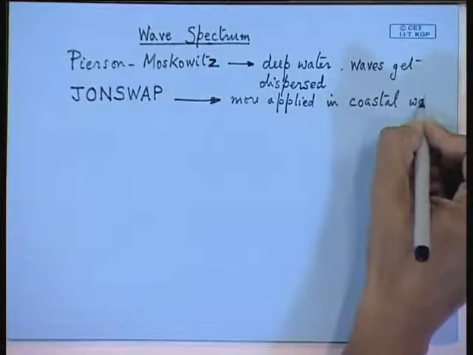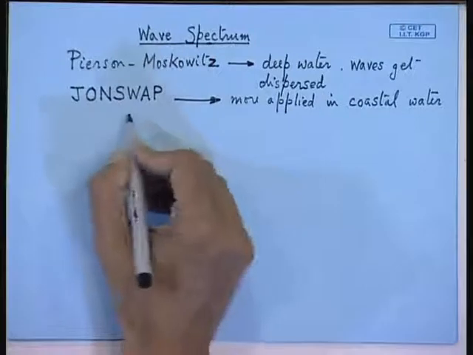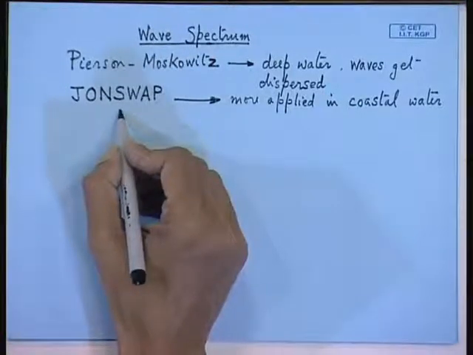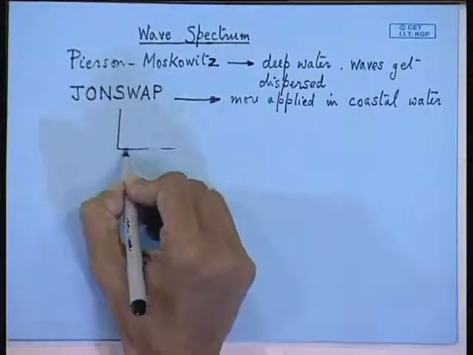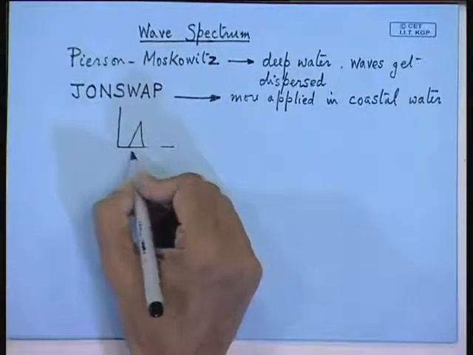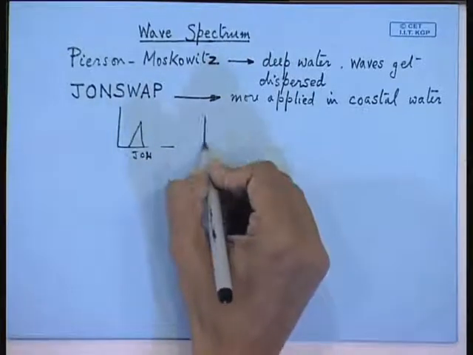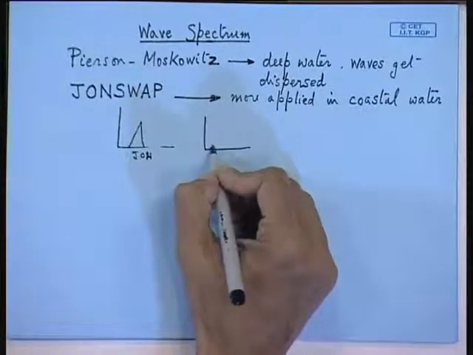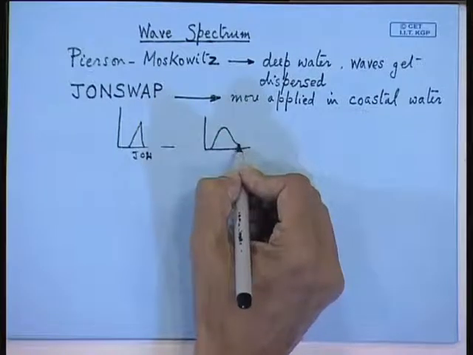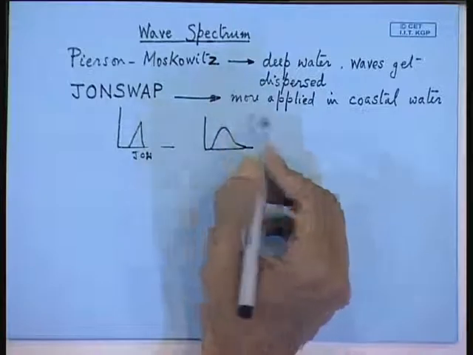Now, in coastal waters what happens? You find that JONSWAP has a sharper peak. JONSWAP will come like this, a sharp peak, and Pierson-Moskowitz will have more or less a Rayleigh distribution like this, with a curve like this.